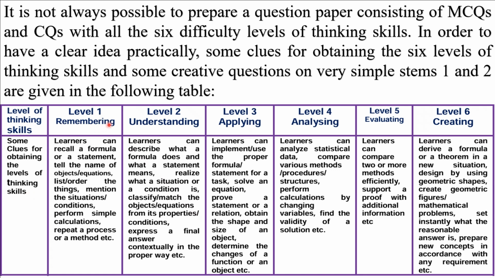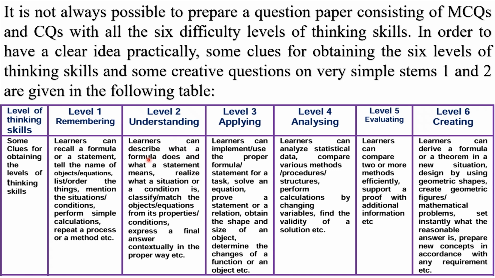Level 1 remembering. Learners can recall a formula or a statement, tell the name of objects, equations, list, order the things, mention the situations, conditions, perform simple calculations, repeat a process or a method, etc. Level 2 understanding.